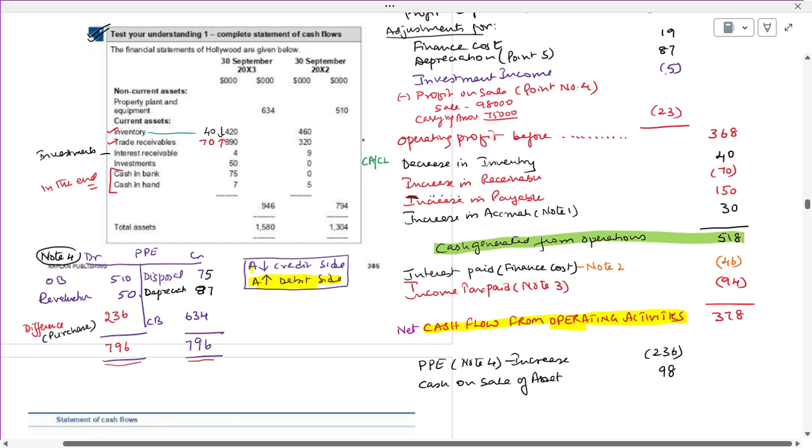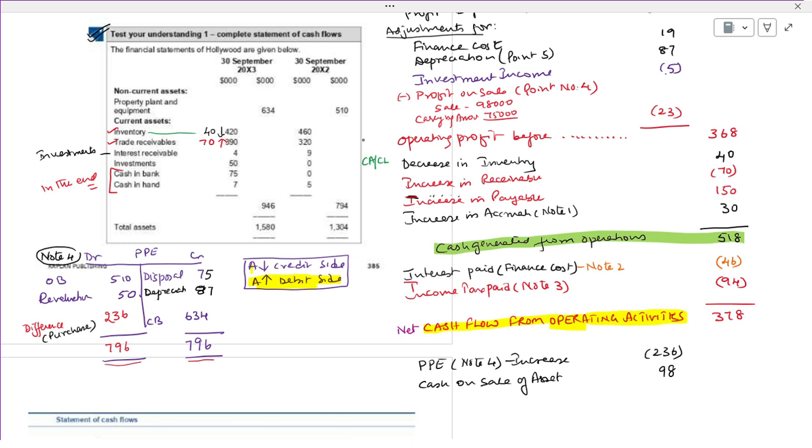Is it right? Interest receivables. This will come from where? This will come from investments. Opening balance is how much? Opening balance is not 9. Opening balance is related to investment. It is not a current asset.